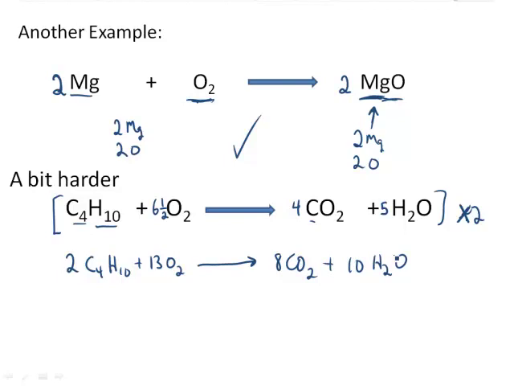So that should be balanced. Let's check it out. We have 8 carbons, we have 20 hydrogens, and we have 26 oxygens. Here we have 8 carbons, we have 20 hydrogens. Those are all in the water because you have 10 waters. And for oxygens, you've got 16 here and 10 there, so you have 26 oxygens. So it is, in fact, balanced.